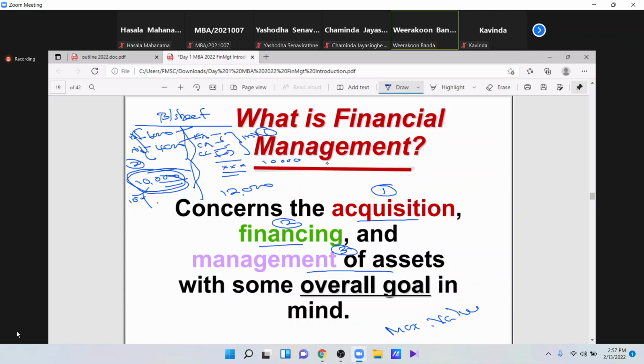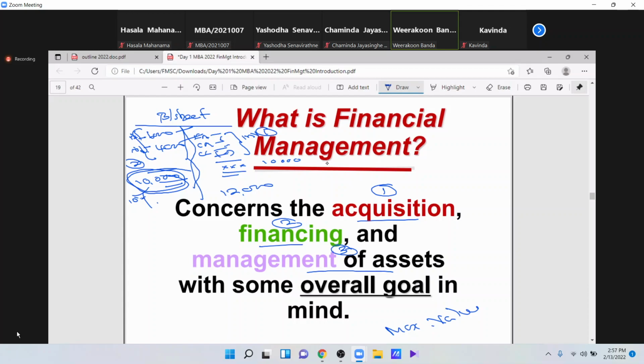Can we say maximize profit of the company? When you say maximize profit, it has some limitations. Every time you concentrate on profit maximization, sometimes you can decide to increase the product prices, sometimes reduce the maintenance cost, sometimes reduce the employees' compensation.